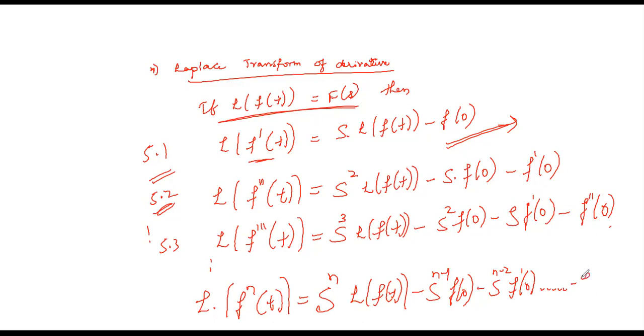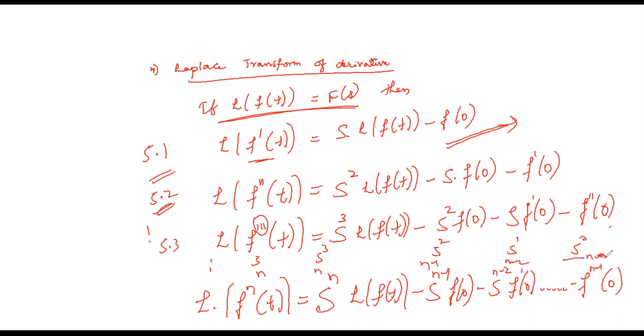It is f to the power n minus 1 of 0. Here, for the third derivative, s cube, s square, s1, s0 is there. So here the n term is there, n minus 1, n minus 2, up to n minus n.